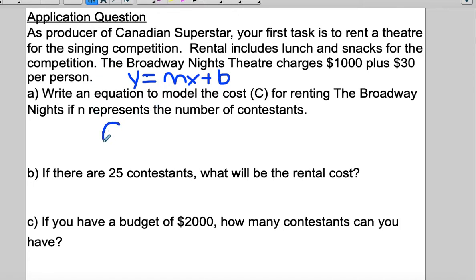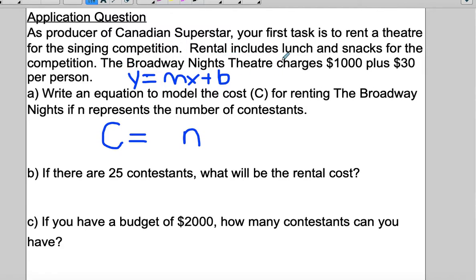So we want to know what the total cost is for renting the Broadway Nights if n represents the number of contestants. So n is going to become our x variable. So we've got c equals something n plus something. So we have to fill in what our m value would be and our initial value would be.